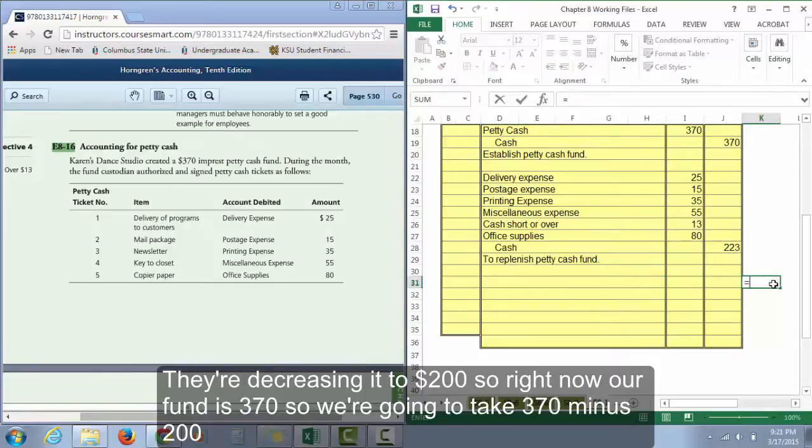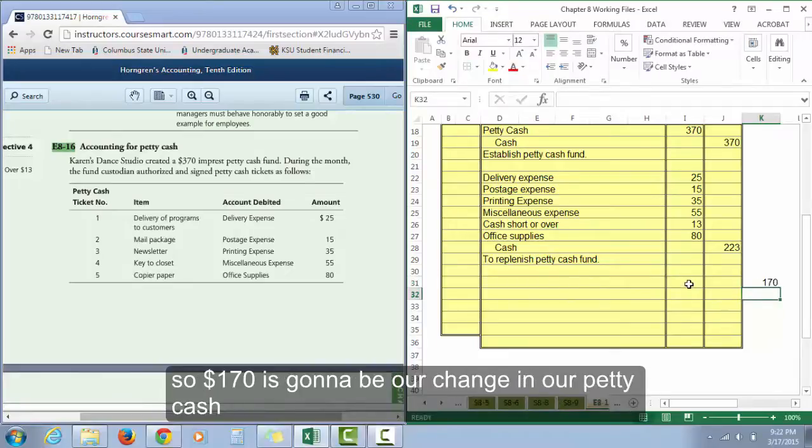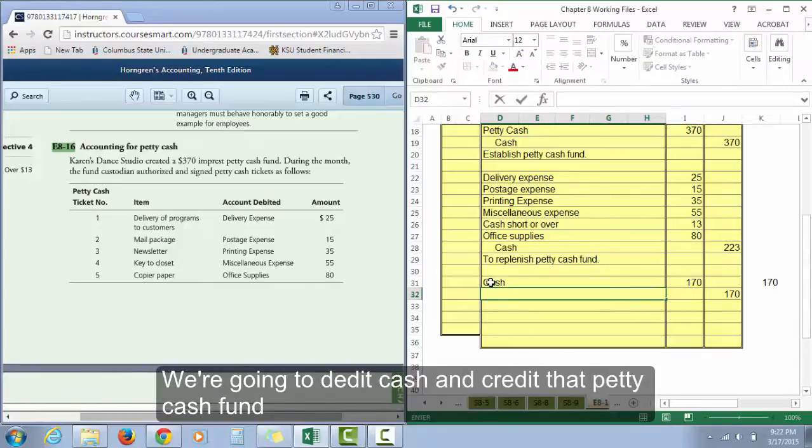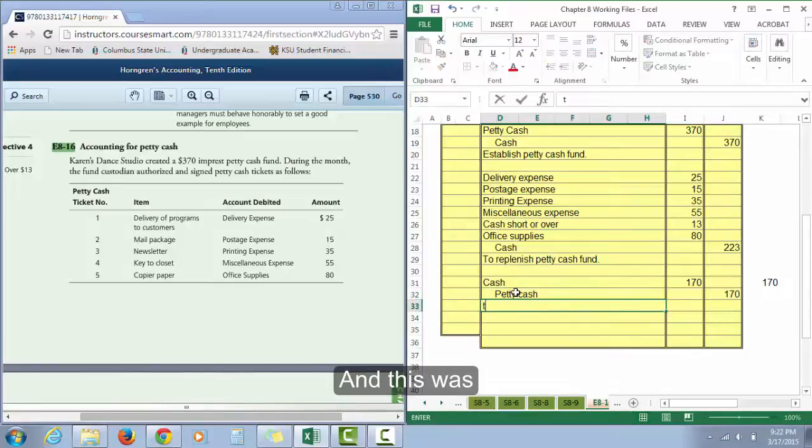So we're going to take $370 minus $200. So $170 is going to be our change in our petty cash. So all we're going to do is we're going to take it out of our petty cash fund and put it back in our cash account at the bank. So we're just going to debit cash and credit that petty cash fund. Okay, and this was to reduce petty cash fund balance.